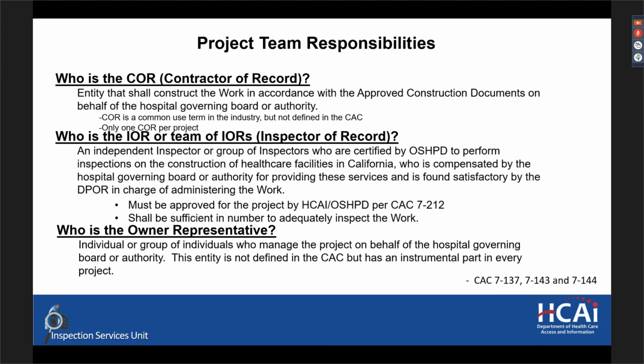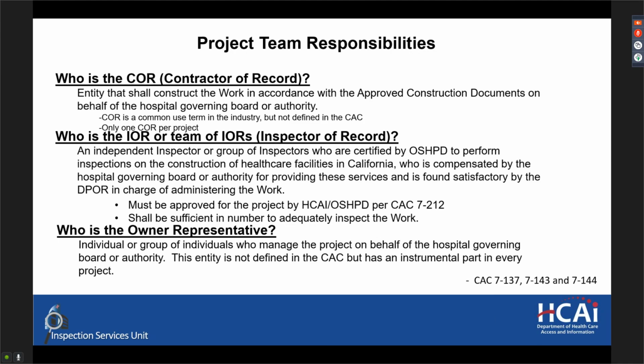That would be the inspector of record. And this is an independent inspector or group of inspectors who are certified by OSHPOD to perform inspections on the construction of healthcare facilities in California, who is compensated by the hospital governing board or authority for providing those services and is found satisfactory by the DPOR in charge of administering the work.